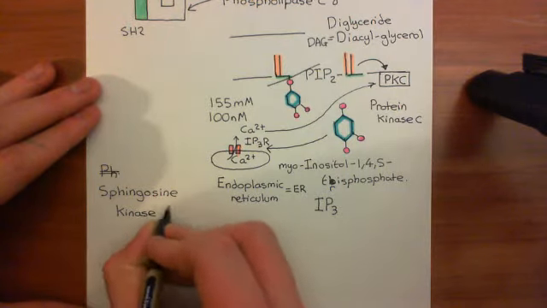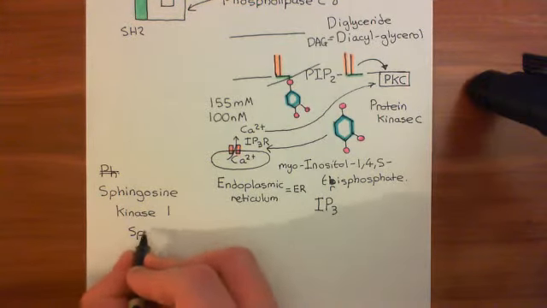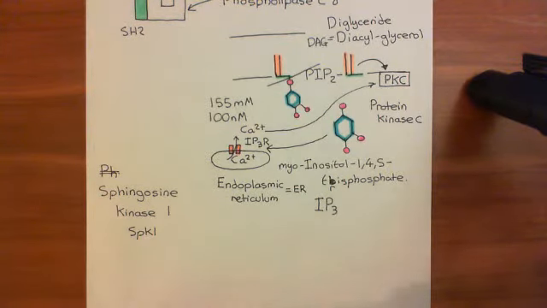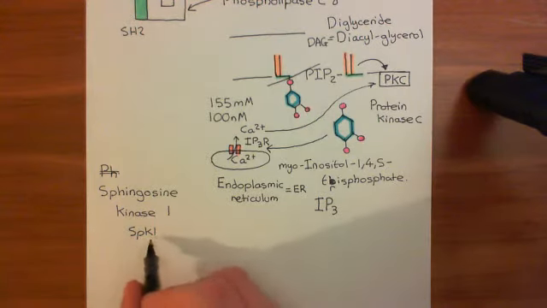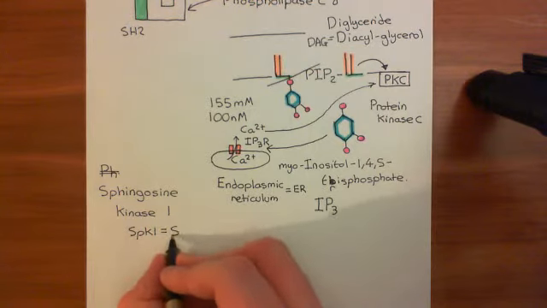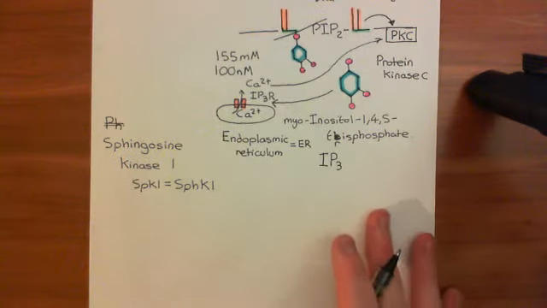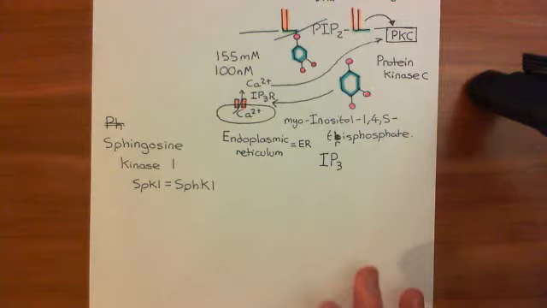And for short, sphingosine kinase 1 is often abbreviated to SPK1. Now, some people will put an extra letter in here. Some people, instead of putting SPK1, will put SPH for sphingosine kinase 1. So SPHK1. Either of those are permissible, basically.